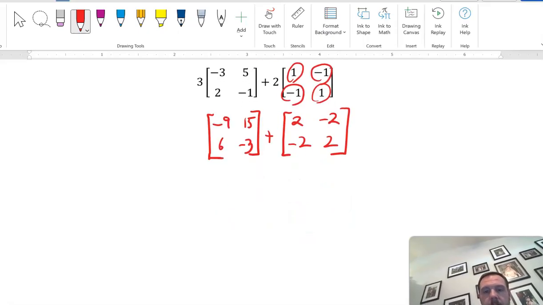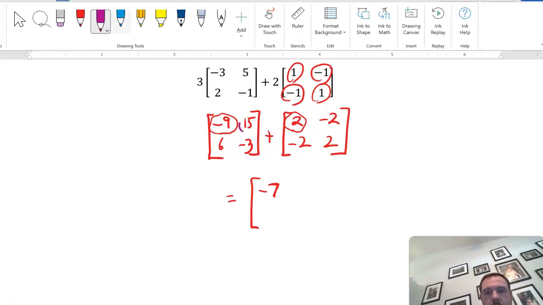And now we're back to addition, where I just add the corresponding elements together. The top row, left column, negative 9 plus 2 is negative 7. Top row, right column, 15 plus negative 2, 15 minus 2, that's 13.